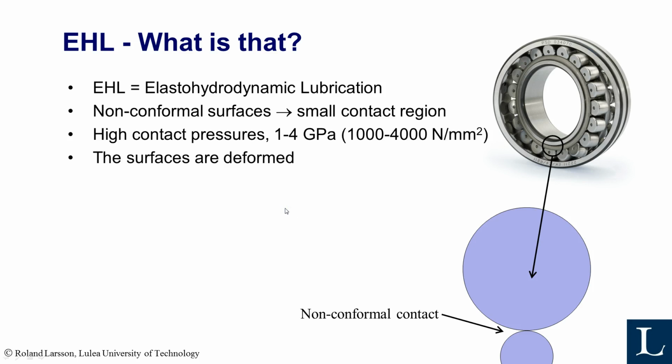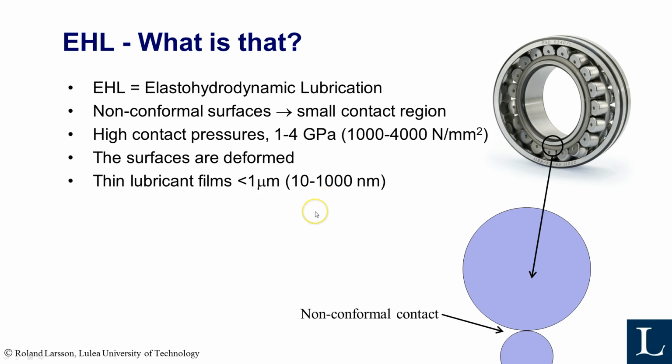And at that pressure, the surfaces are really deformed. They are deformed elastically. They mustn't be deformed plastically, because then they are damaged. But they are definitely deformed elastically, and that is good. Still, a lubricant film is formed in between the surfaces, and even if this film is very thin, can be in the order of micrometer or less than 1 micrometer, maybe only a few nanometer thick in many cases.